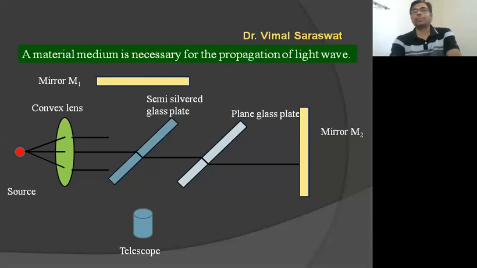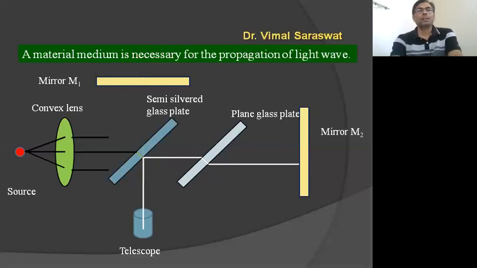This light ray is reflected back by the mirror M2 and enters the telescope. And another ray, which was reflected from the semi-silvered glass plate, shown in green color, moves towards the mirror M1, and after reflection from the mirror M1, it enters the telescope.